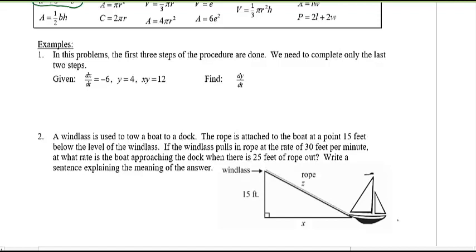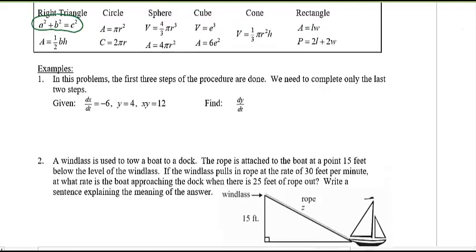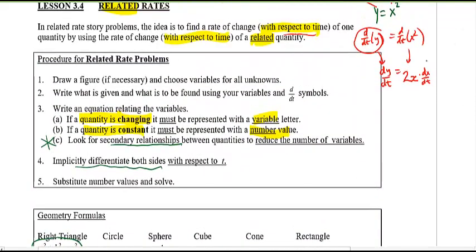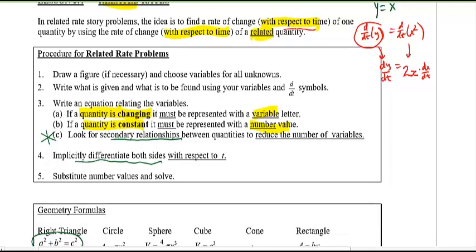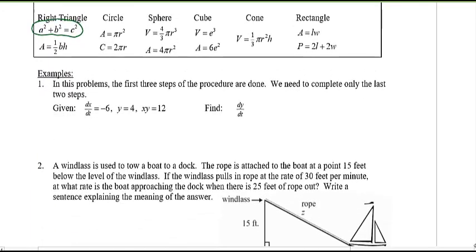So we're going to start off relatively straightforward with procedure first, and then we'll get to a word problem. Okay? So in number 1, we did what they call the first 3 steps of the procedure. They drew a figure or figured out the unknowns, wrote down what was given, and now they are asking you to find dy dt. So here's all the information they gave.